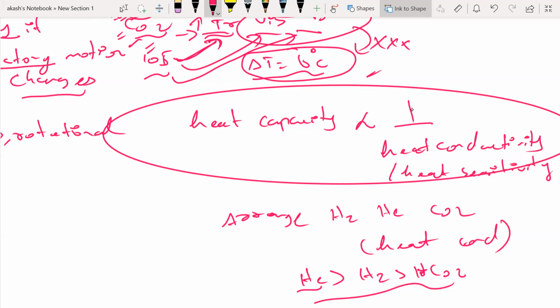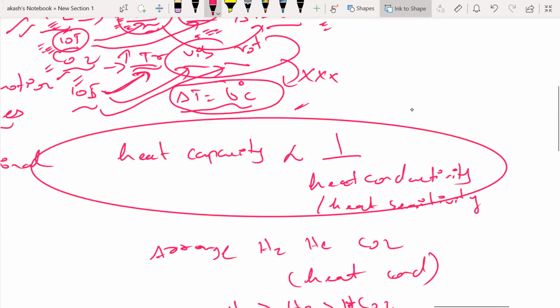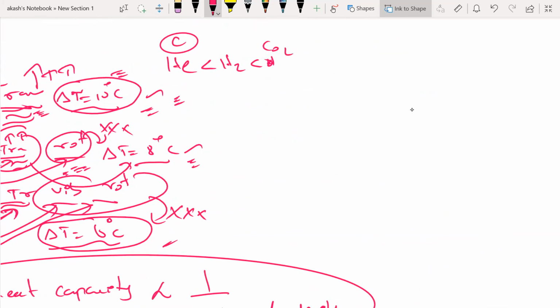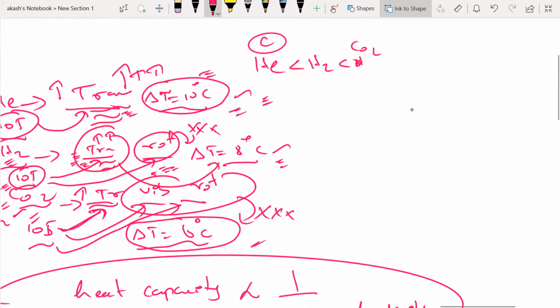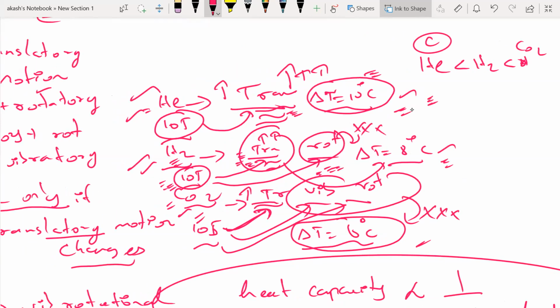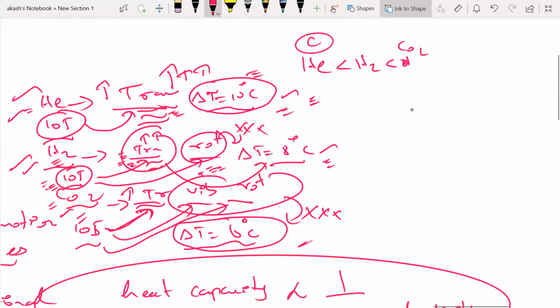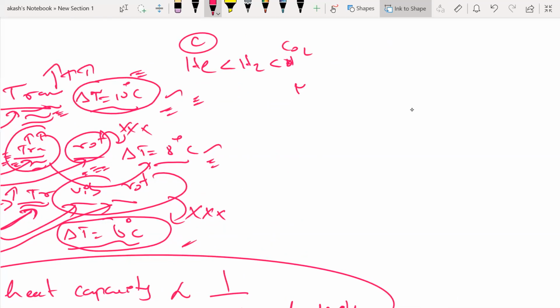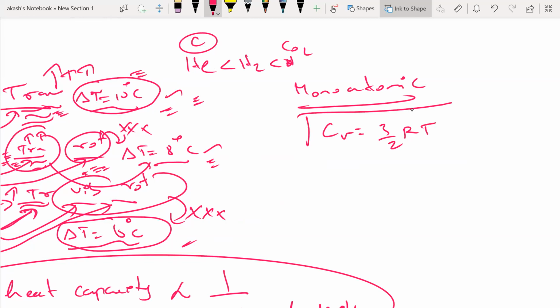Right? Okay, fine. So people, for a monoatomic gas, directly I'm going to give you the formulas for how heat and these are related. I'm sorry, what are the CV and CP values for monatomic, diatomic, and polyatomic gases. So when you have a monoatomic gas, remember that the CV value is equal to 3/2 RT.